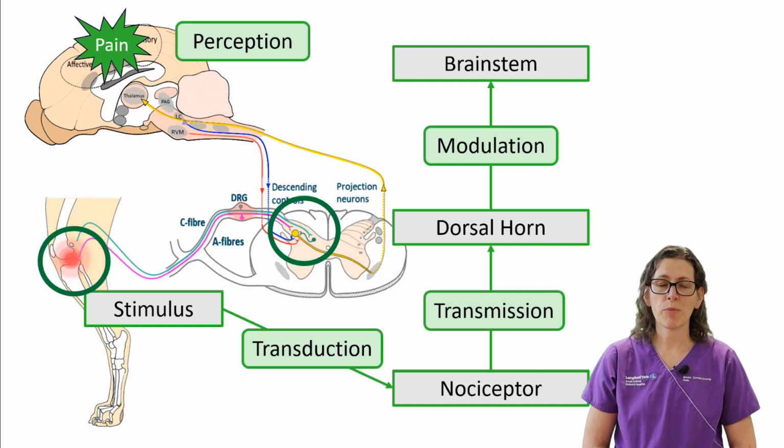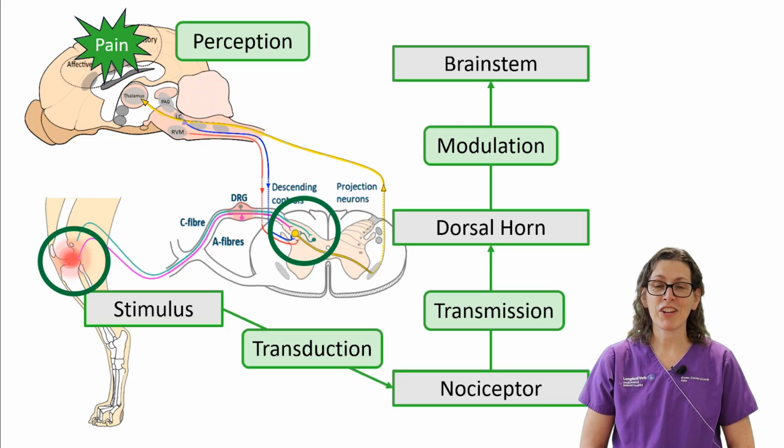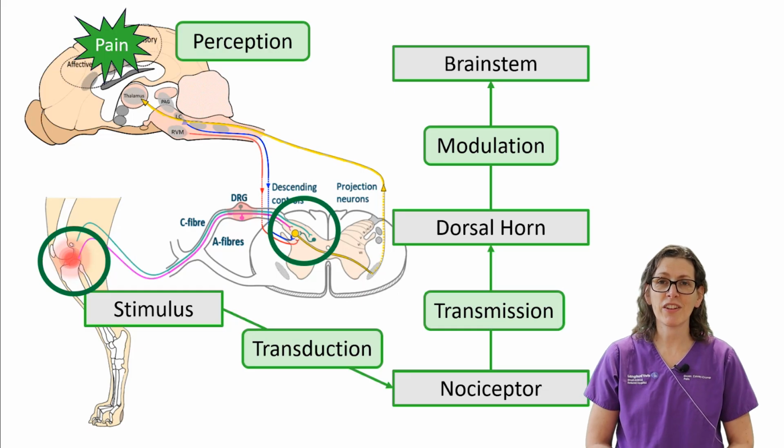And it's important to remember that the perception of pain only happens once the signal reaches the cortex. Pain is not pain until it reaches this point. Up until that point, it's just physiological changes in the nervous system.